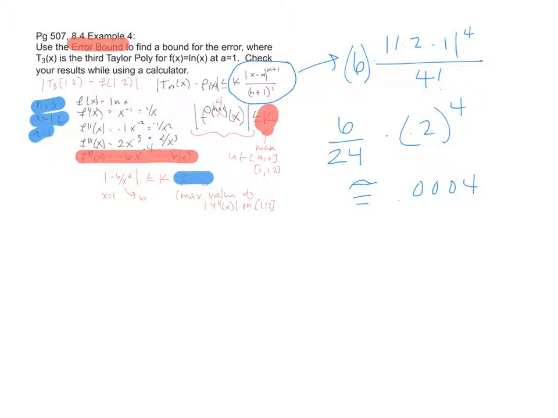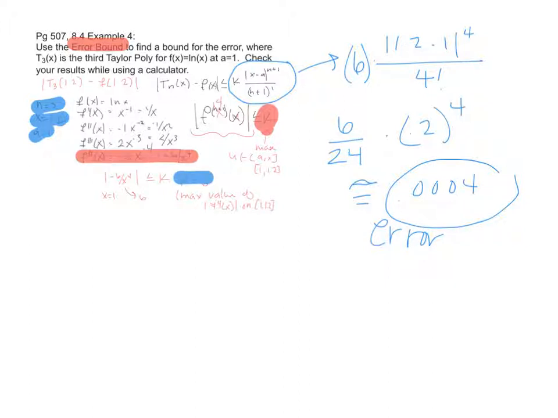So 0.0004 represents the error according to that error bound, if I use a Taylor polynomial of order 3 with x at 1.2, where the Taylor polynomial is centered around 1. That is the error bound for the Taylor polynomial T3 for that function.